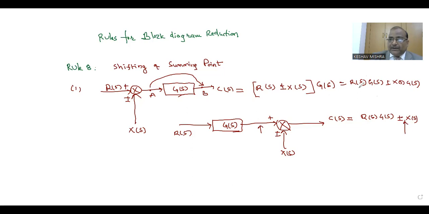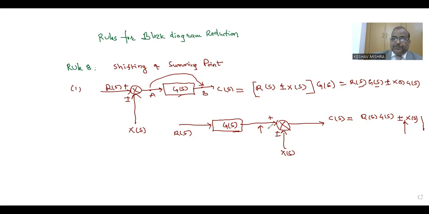In the first case, R(s)G(s) plus minus X(s)G(s). Here only X(s) is appearing and the second term G(s) is missing. So G(s) is not present here.